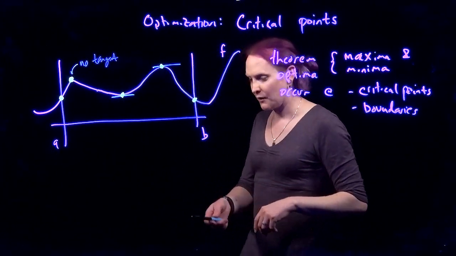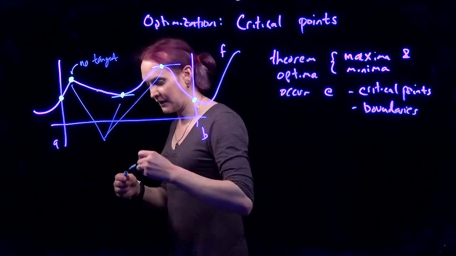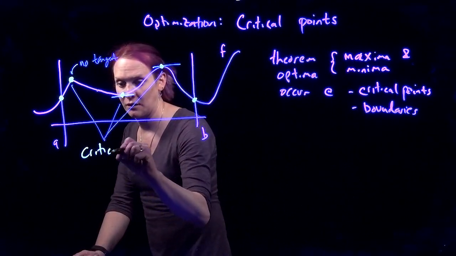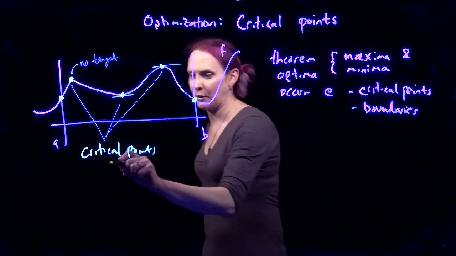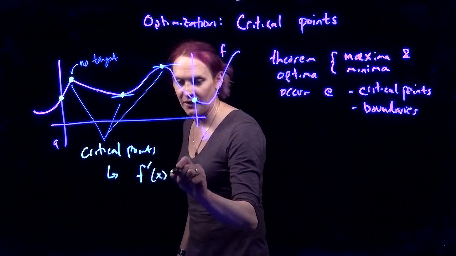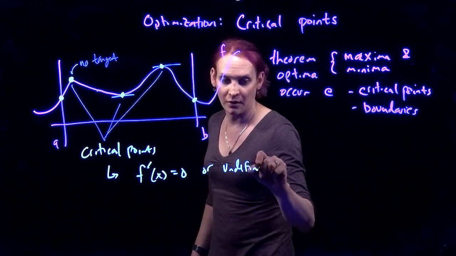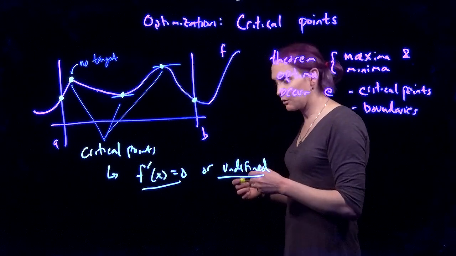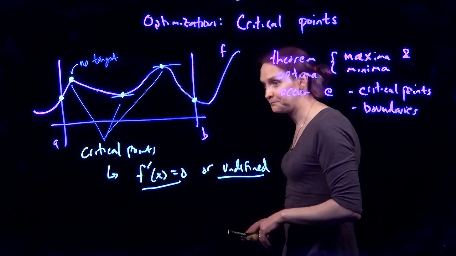Okay, so these 3 points that I identified for you, those are what we call critical points. Critical points are characterized by f prime of x equal to 0 or undefined. If either of those 2 things is true, then we call it a critical point.